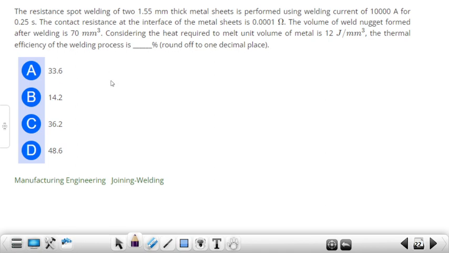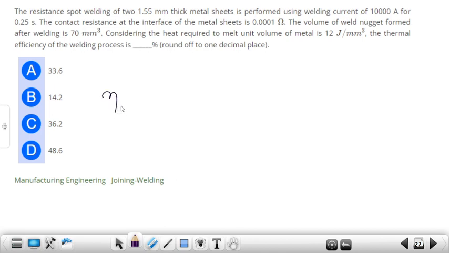The volume of weld nugget formed after welding is 70 mm³. Consider the heat required to melt unit volume is 12 joule per millimeter cube. The thermal efficiency of the welding process is, so we have to find the thermal efficiency of welding.